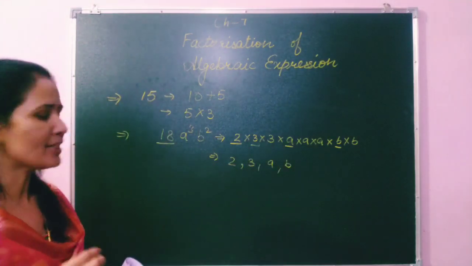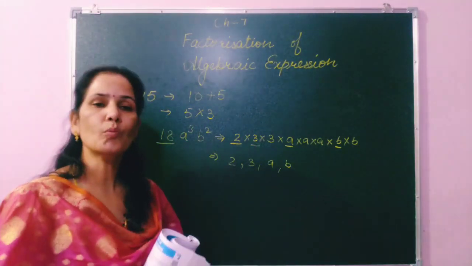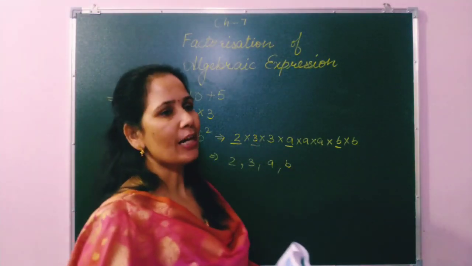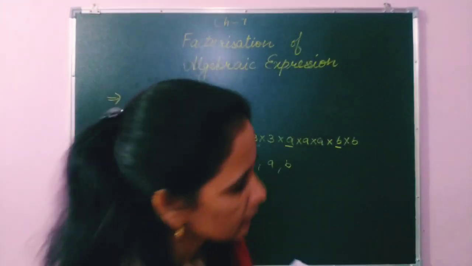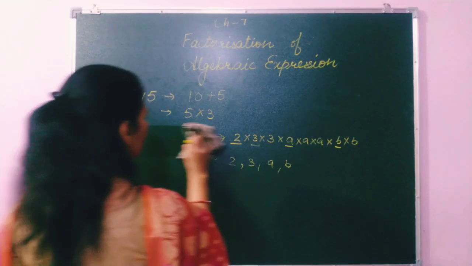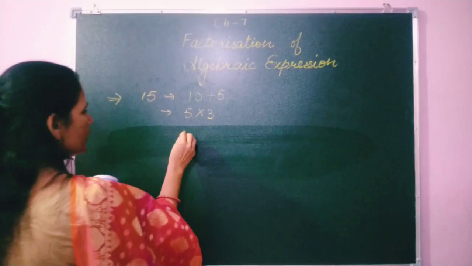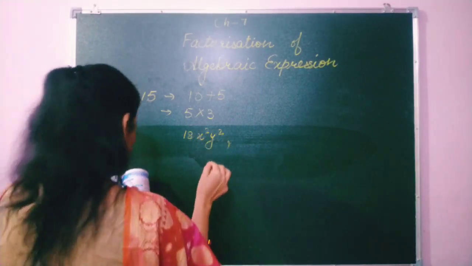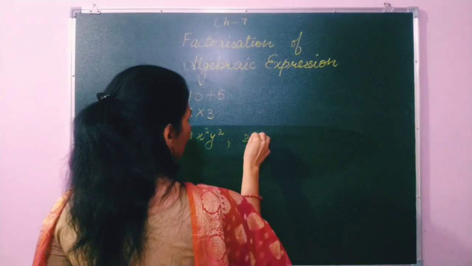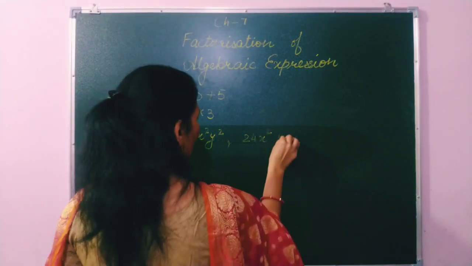Okay, now let's take the case where two monomials are given and we have to find the common factor between these terms. How can we find it? Let's take another example of this. For example, I have the term 18x square y square, and the other term is 24x square y cube.